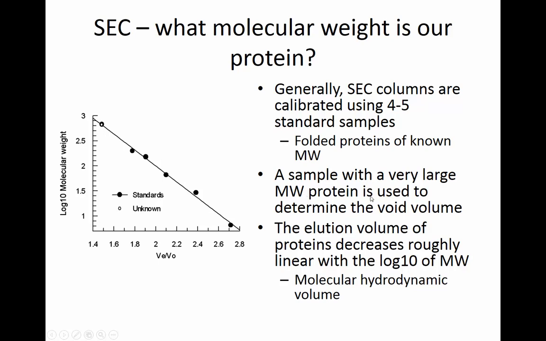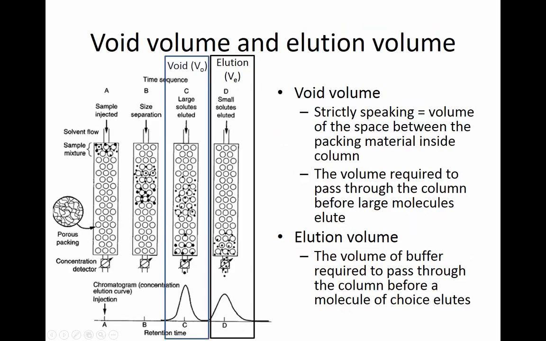So the large protein is going to go through that, and that will determine how long it takes to get through the void. The elution volume of proteins will decrease in a roughly linear fashion with the log 10 of molecular weight. And this is due to the molecular hydrodynamic volume.